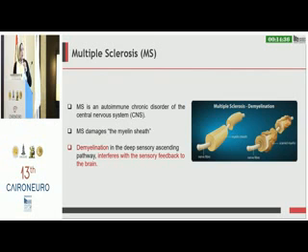We know that multiple sclerosis is an autoimmune disease causing demyelination. This will affect the deep sensory ascending pathway.